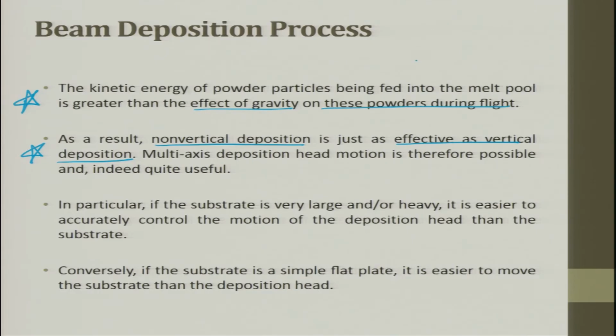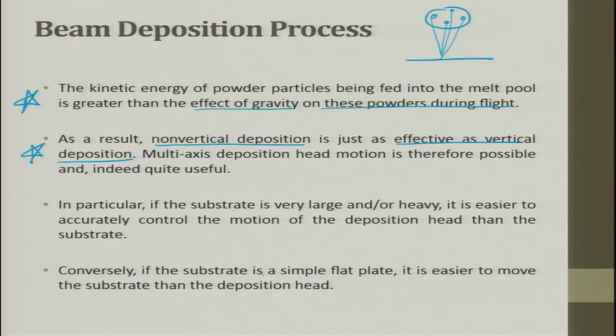So, that means to say, if you see a nozzle, you will have holes. So, there are 4 holes here. From each of the holes you can start feeding different powders, and this can hit the surface. So, this is one way, or the other way around is you can have multiple-axis deposition heads. In particular, if the substrate is very large or very heavy, it is easier to accurately control the motion of the deposition head than the substrate.